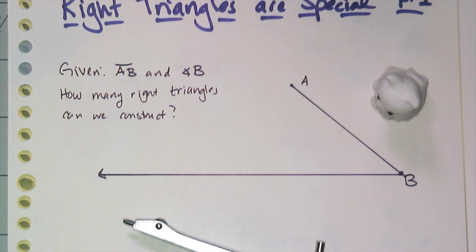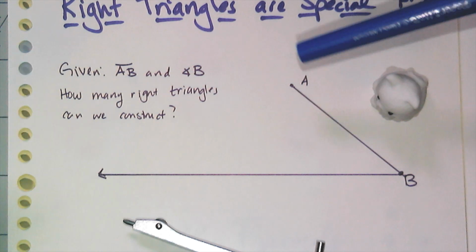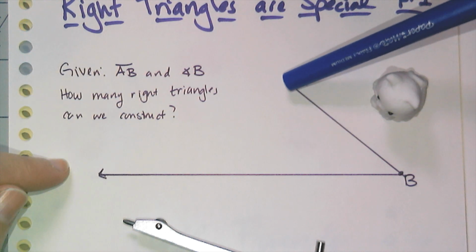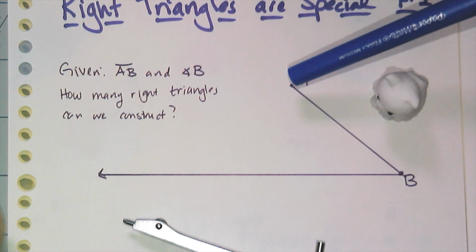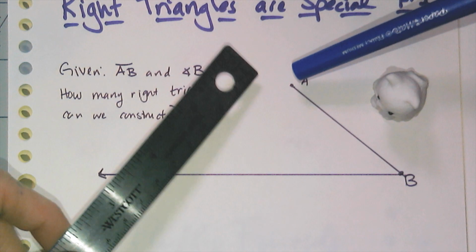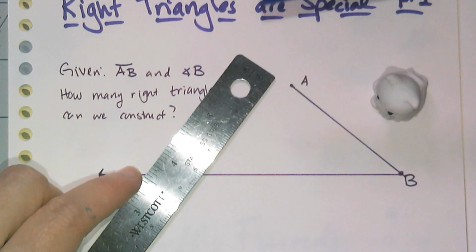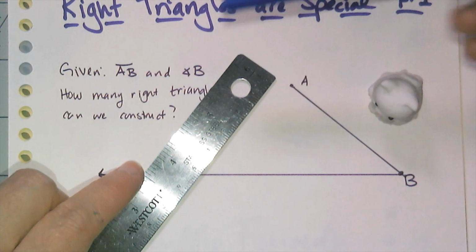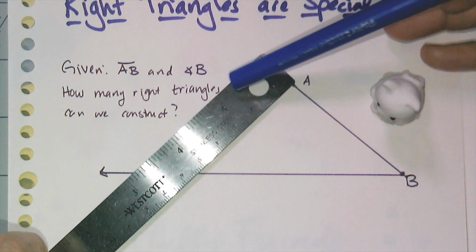Now, if I can construct a unique triangle, that's super special, but I can't because I really have two options for what angle could be the right angle. One option is that angle A is the right angle, and if this is the case, then I just have to construct the perpendicular line to AB that goes through point A, and it's going to be somewhere over here-ish, right?